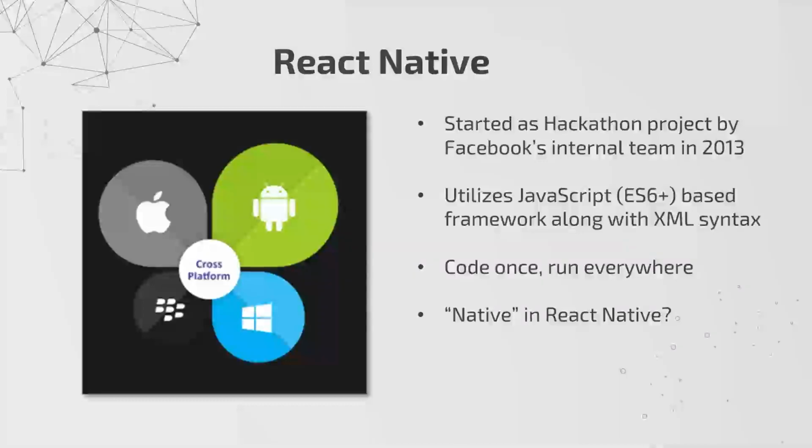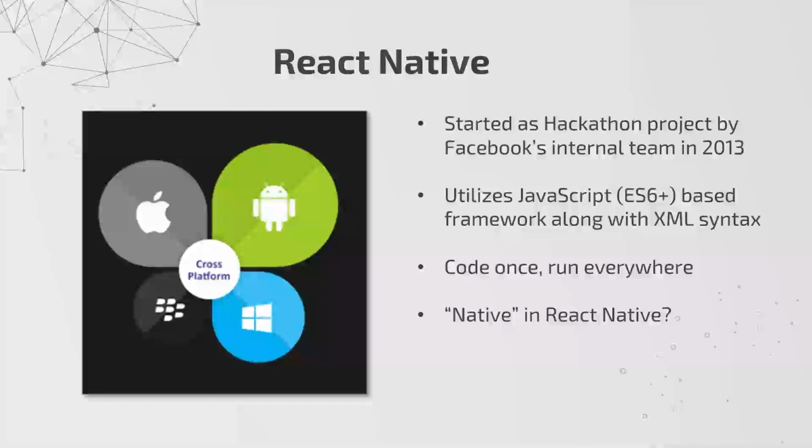It utilizes a JavaScript ES6 plus based framework along with XML syntax, which is called JSX, that we will see in the next slides. Thanks to its reuse of large chunks of code across different platforms, you just have to code once and run everywhere. So you can have one team for mobile application development, and you can deploy the applications on different platforms like Android and iOS.